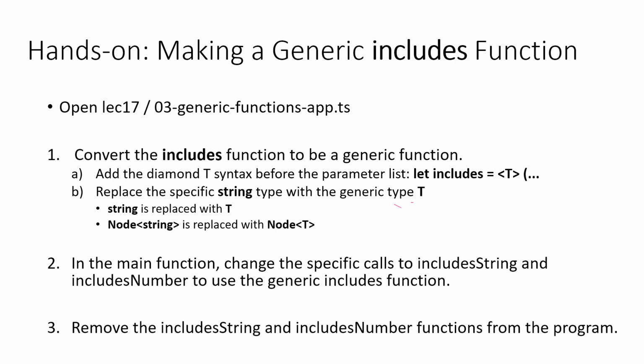And in the main function, rather than using the specific calls to include string and includes number, those are two functions that are also defined that have this duplicate logic implementation, you want to use the generic includes function instead. And your last goal to just prove to yourself that you've removed this redundant code from your program is you can delete the include string and includes numbers functions.